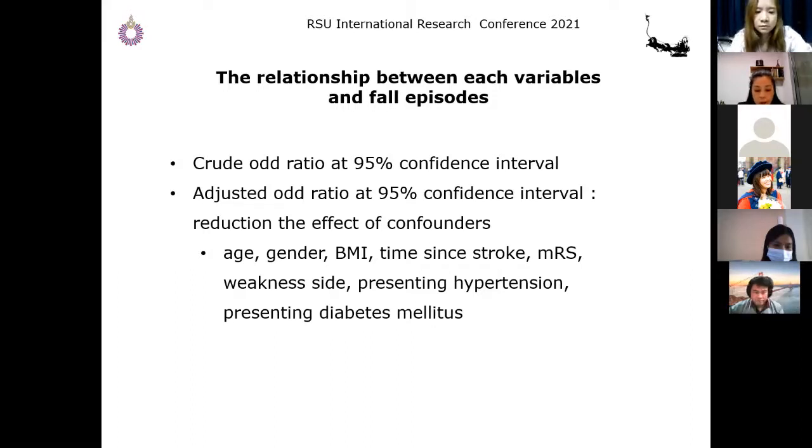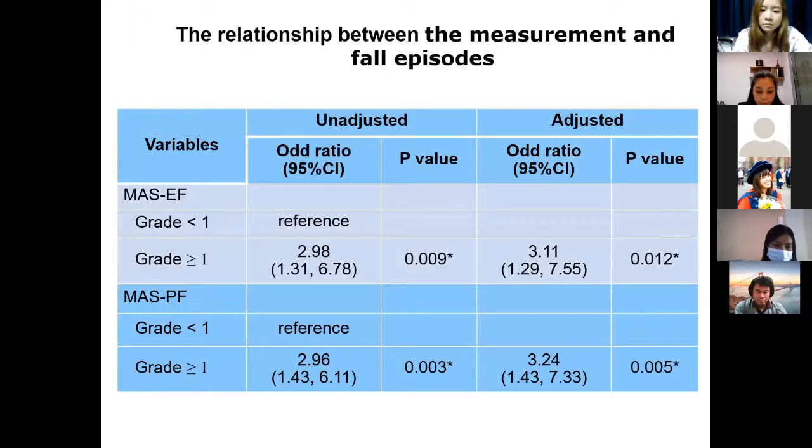The adjusted odds ratio were assessed for age, gender, BMI, time since stroke, weakness side, and presence of other conditions such as hypertension and diabetes mellitus. The study found the Modified Ashworth Scale of muscle tone of elbow flexor and plantar flexor were the strongest risk factors of fall.